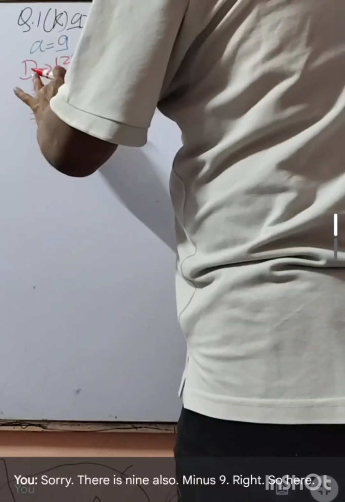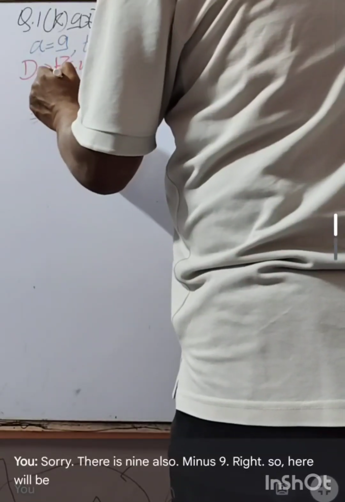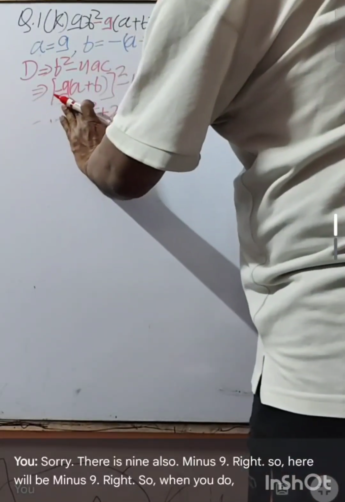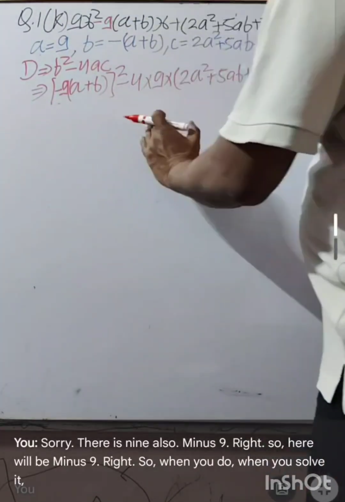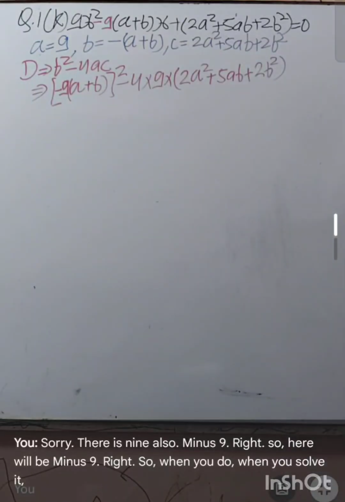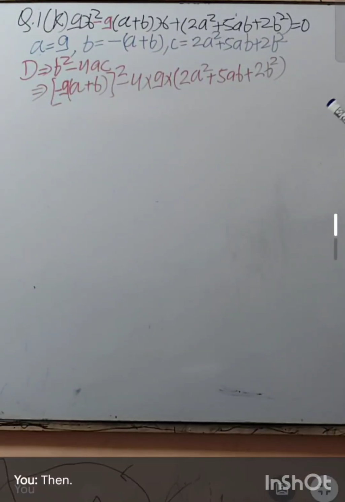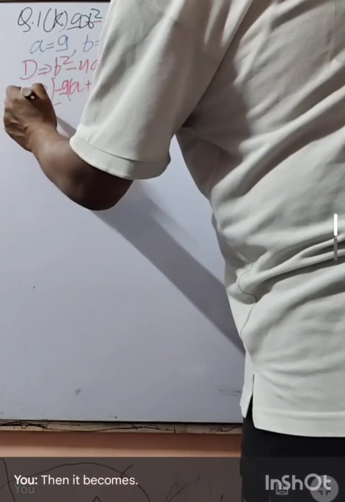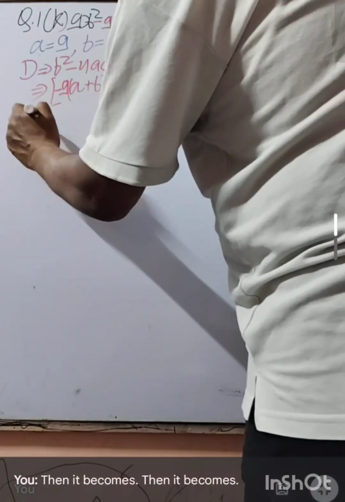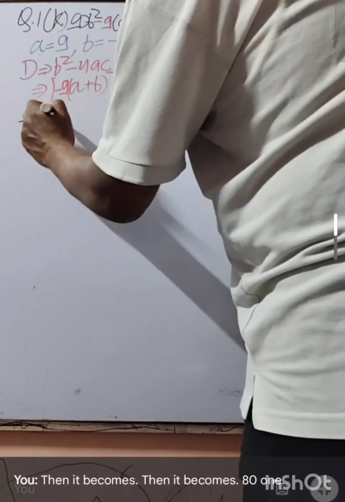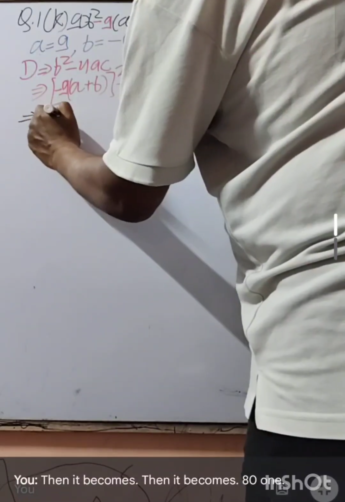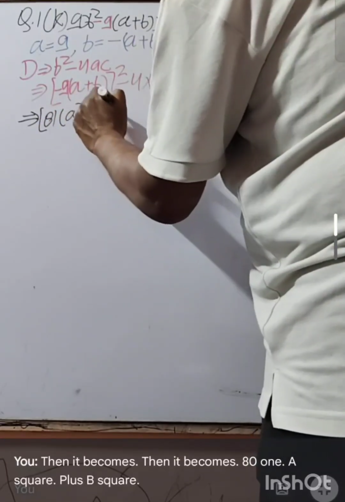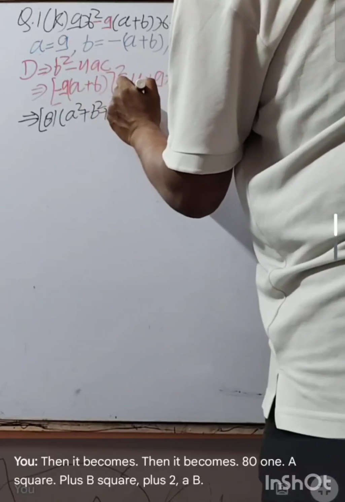So here will be minus 9, right? So when you solve it, then it becomes 81 a square plus b square plus 2ab, right?